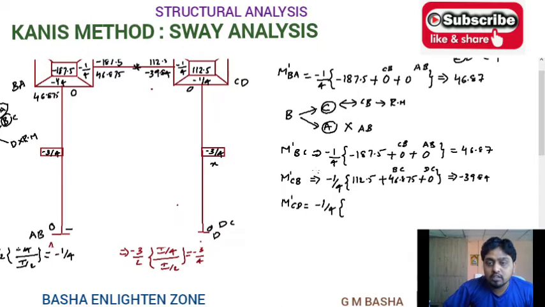Sum of the rotation factors will be equal to 112.5 plus foreign rotation movement for both CD and CB, it will be BC and DC only, but DC will be 0. Therefore I am taking only BC, that is 46.875, that is BC, plus displacement contribution factor for CD will be both BC and DC.